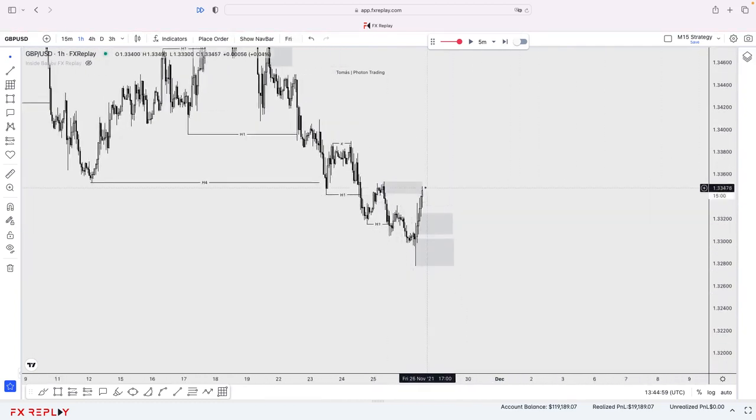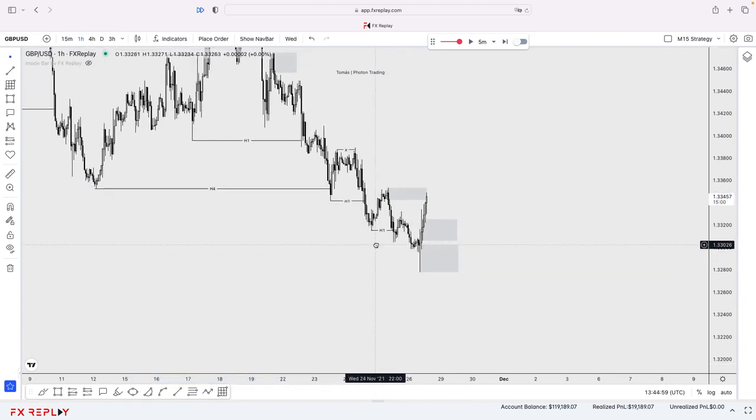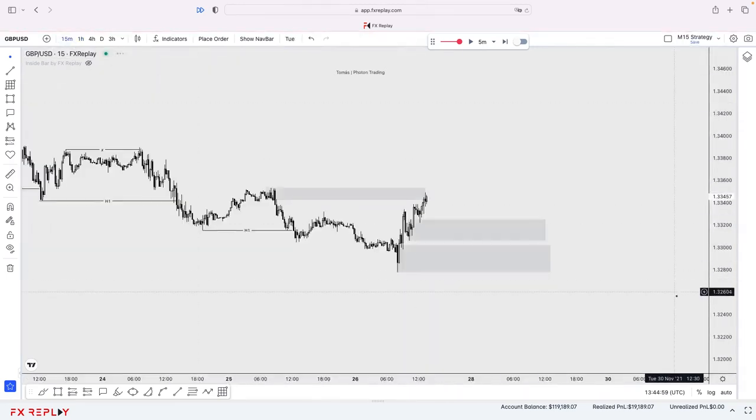This can easily be inducement, mitigate extreme and continue down, but you need to be open-minded, and this shift can be enough to push price to the upside, especially because we have this H4 BOS. Price already followed through, quite a significant move to the downside. So it's a little bit overextended and price can just go up from here.